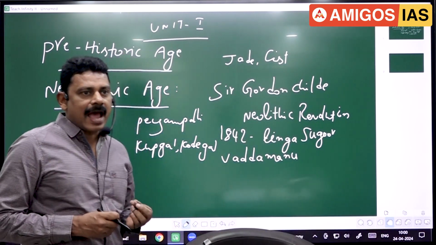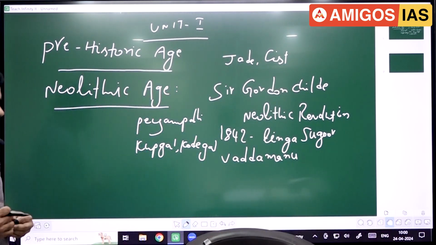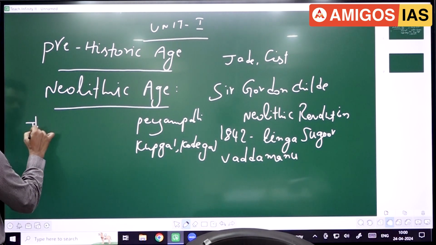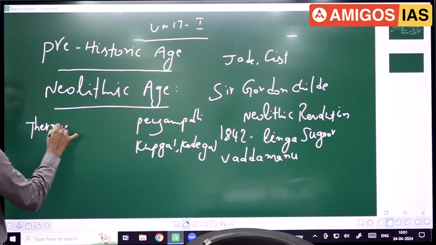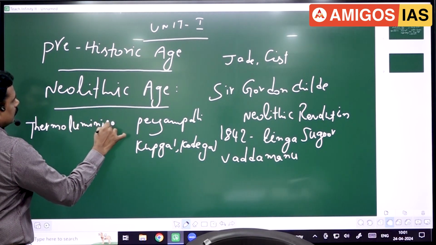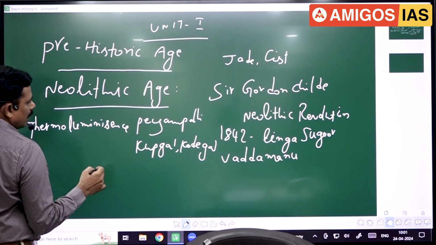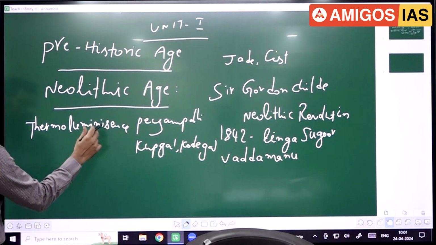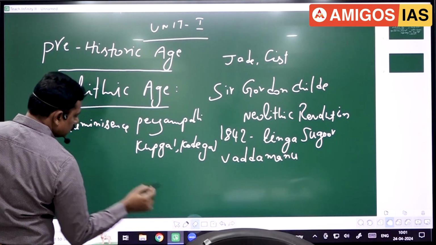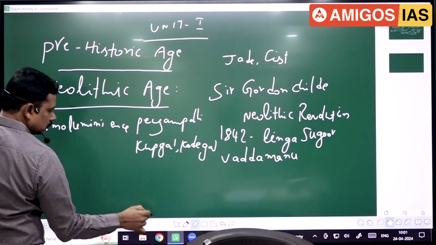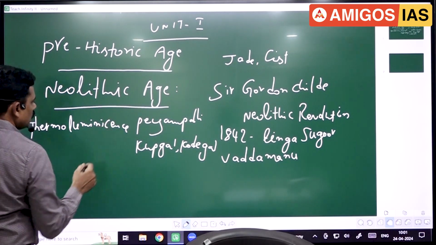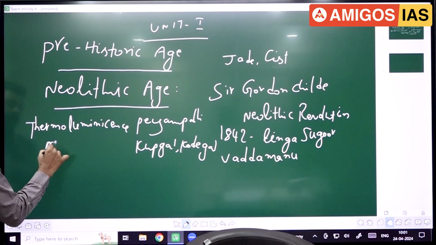The age of these ash mounds has been discovered by the archaeologists by using the thermoluminescence method.